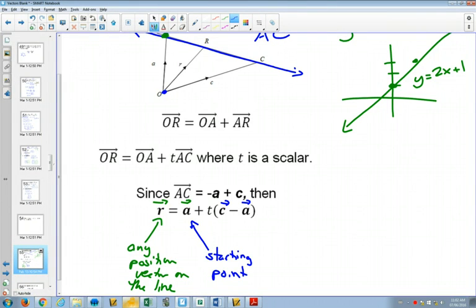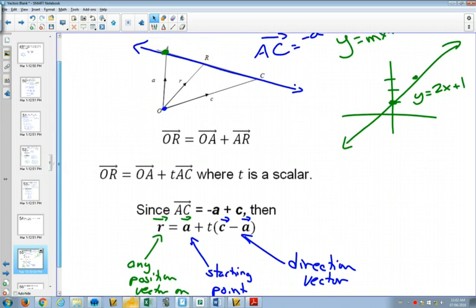Vector c minus a, well, that's just vector AC, negative a plus c, which we said before.